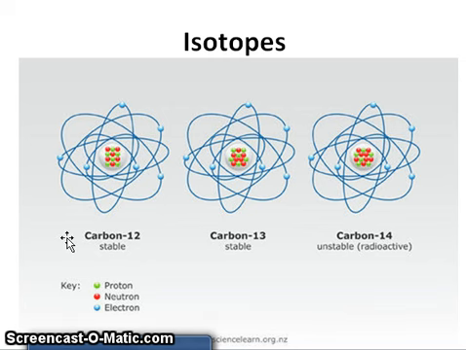However, carbon-14 will be an unstable isotope and this will be radioactive. We also talked about radioactivity in the last video, on what happens if we change the number of neutrons and protons. So now that we know the definition of an isotope, let's keep on going with the isotope notation.